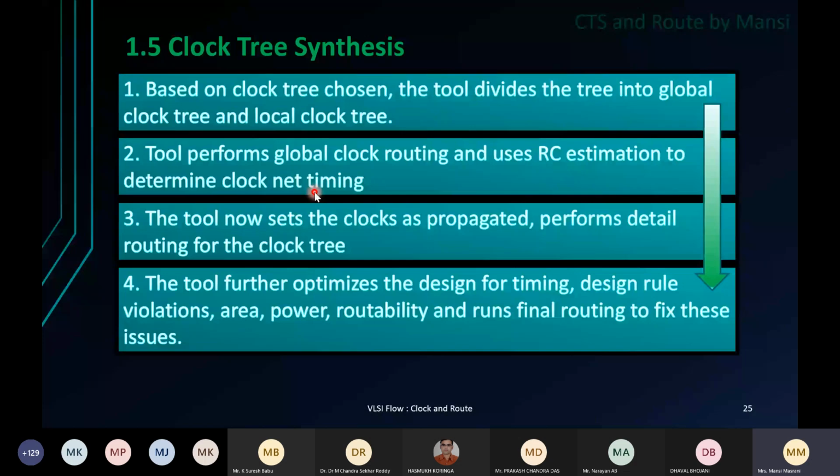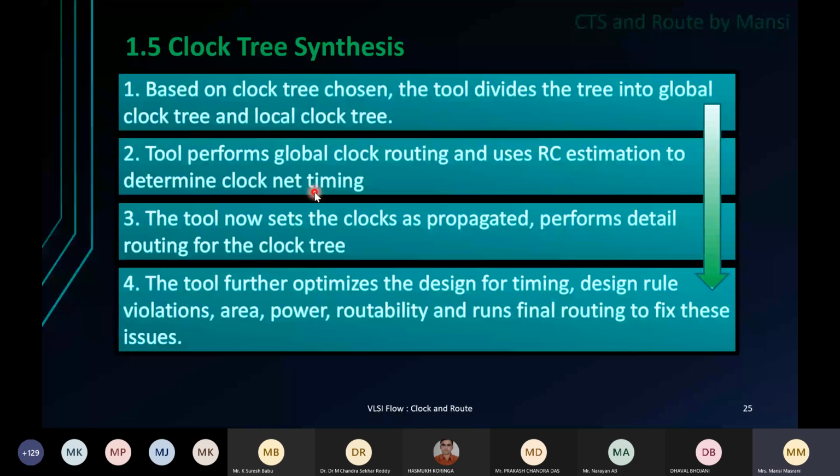Based on the clock tree chosen, the tool divides the tree into two networks, the global network and the local network, and then it does the synthesis of each differently. We will see how it does that. The tool performs the global clock routing first, using RC estimation to determine all the clock nets and the timing.